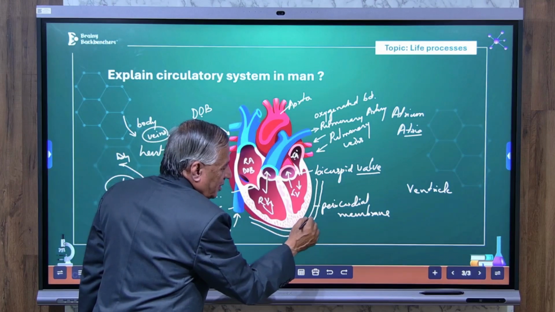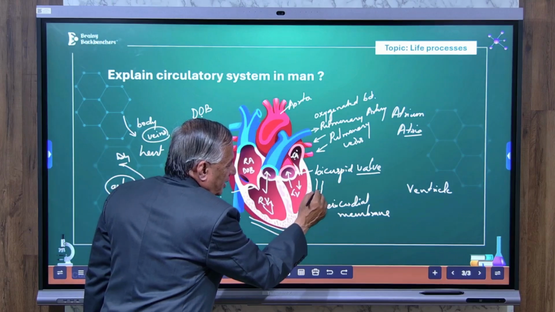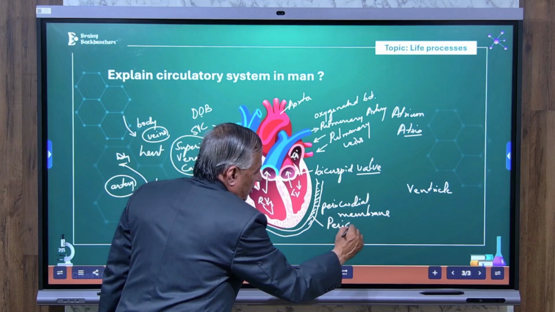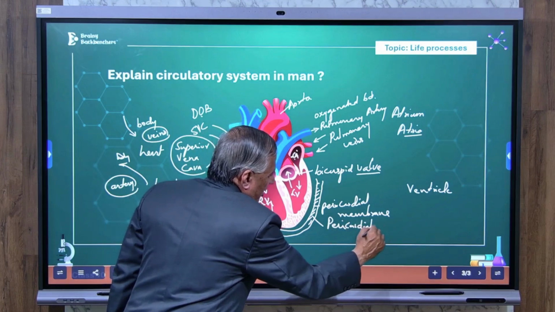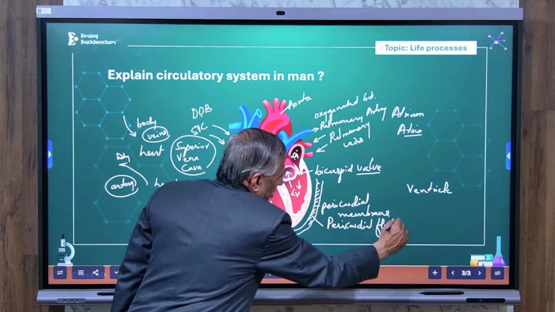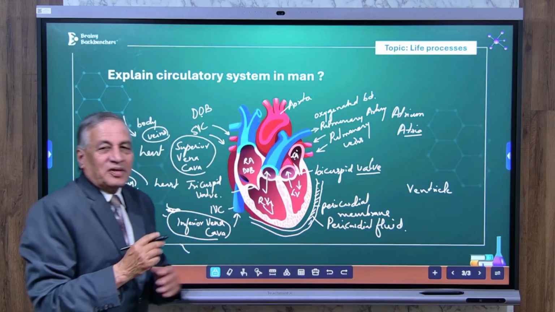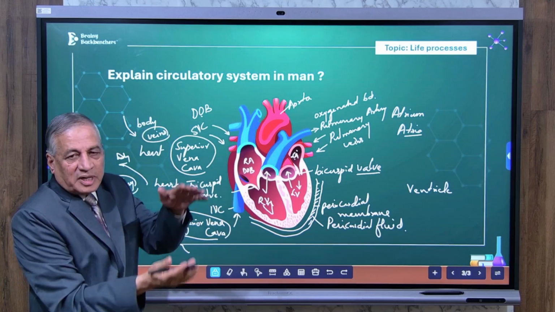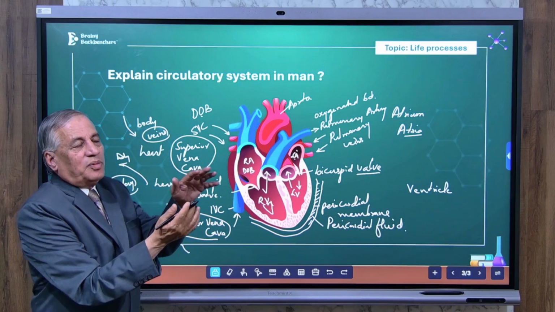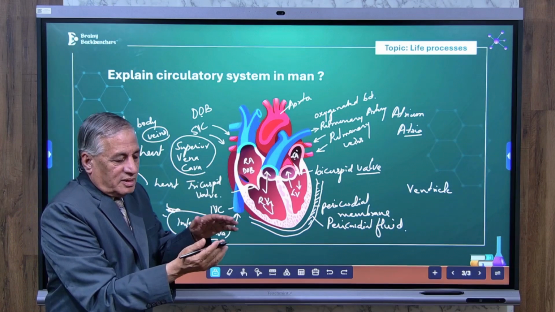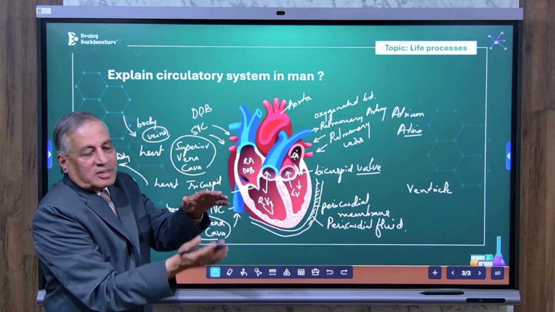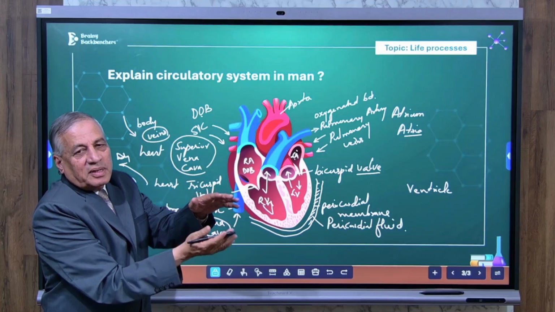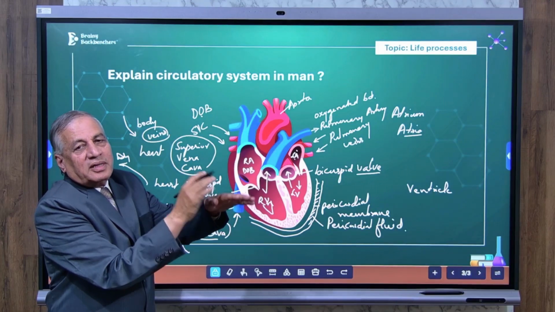In between the two membranes, there is a liquid. That liquid is called pericardial fluid. What is the function of this pericardial fluid? It acts like a shock absorber. Even if you jump from a height, nothing happens to the heart. The pericardial fluid acts like a shock absorber and the heart will remain in the same place.